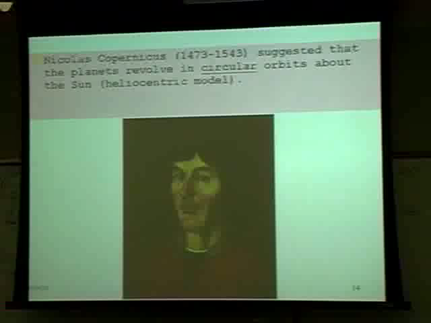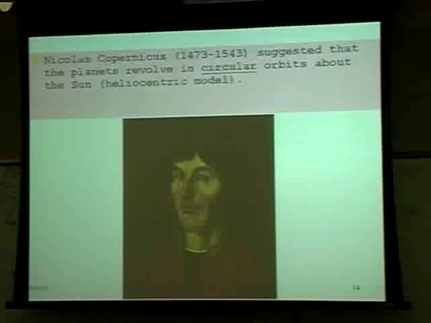Nicholas Copernicus, who lived from 1473 to 1543, suggested instead that the planets revolve in circular orbits about the sun, and so this was a heliocentric model as opposed to a geocentric model. Helio meaning sun-centered, geo meaning earth-centered.